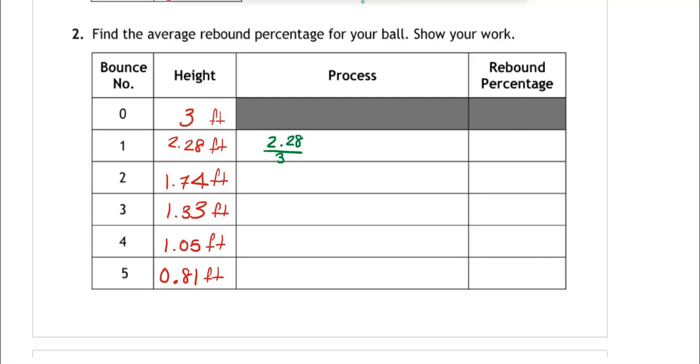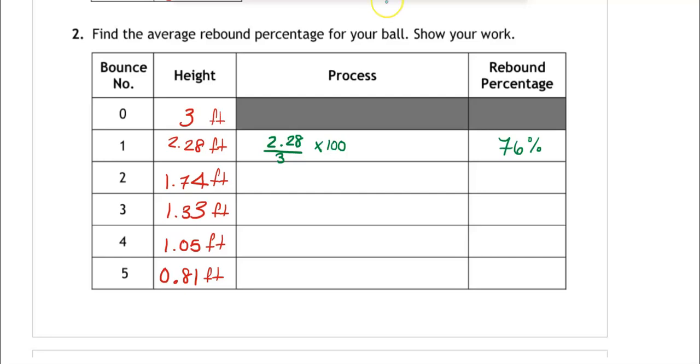This is going to get me some sort of decimal number, so I have to multiply by 100. When I do that, I get 76%. So if I compare 2.28 to 3, 2.28 is 76% of 3. That's what that's saying. So my bounce was 76% of the initial height.